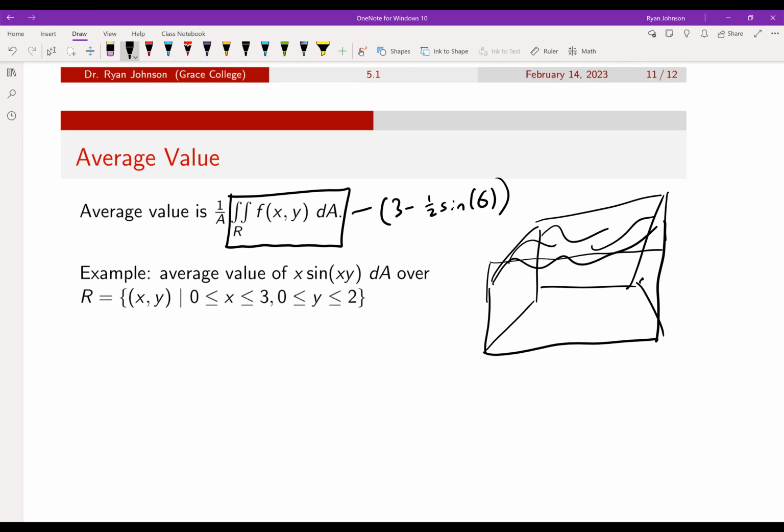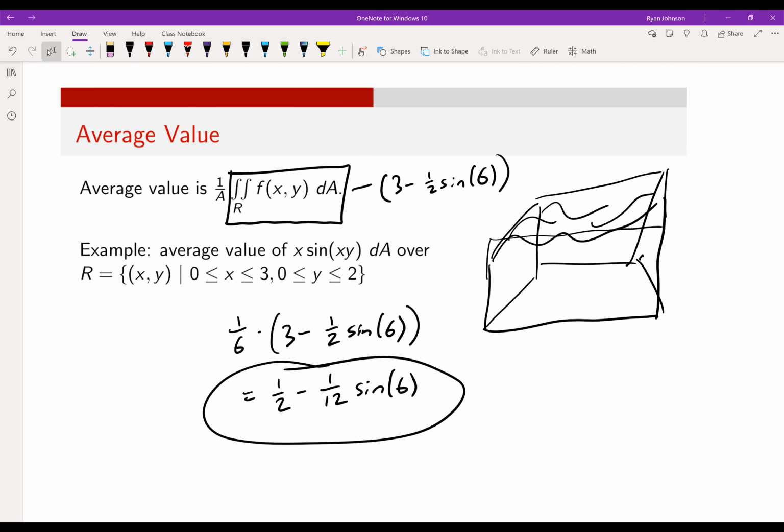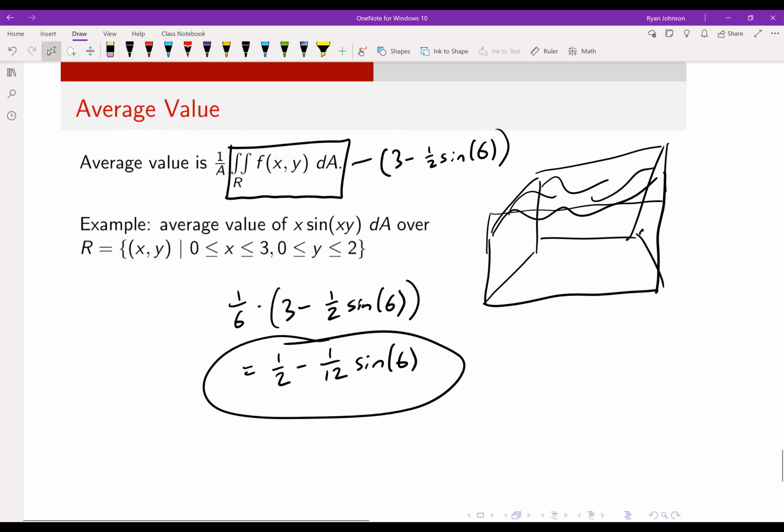To find the average value, just divide by the area of the base. The base was, x goes from 0 to 3, y goes from 0 to 2. So if you just take 1/6 times 3 minus 1/2 sine of 6, you get 1/2 minus 1/12 times sine of 6. And that gives you the average value over that region. Okay, so that is it for this section.